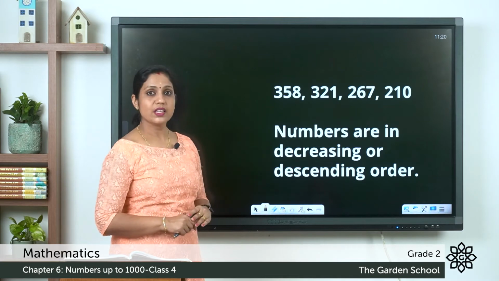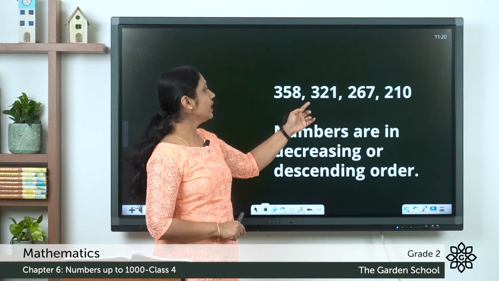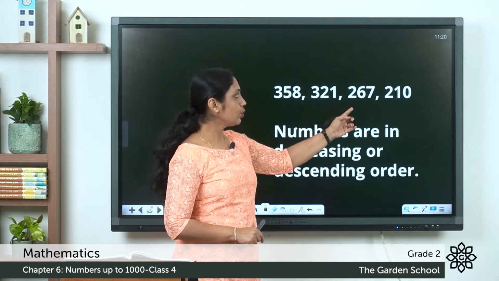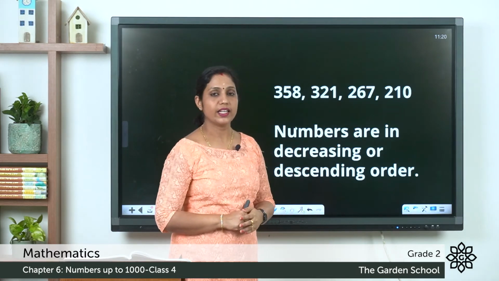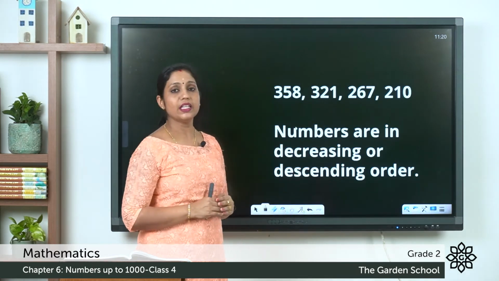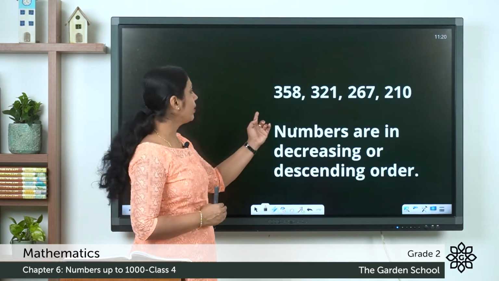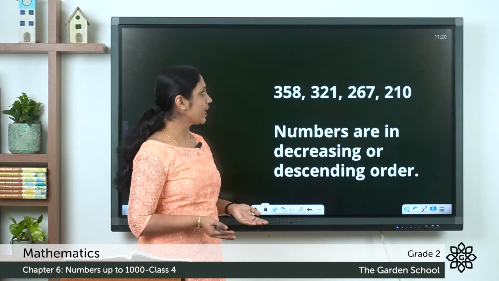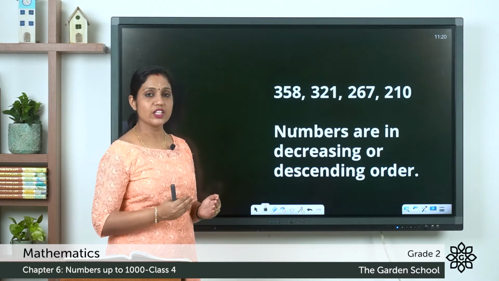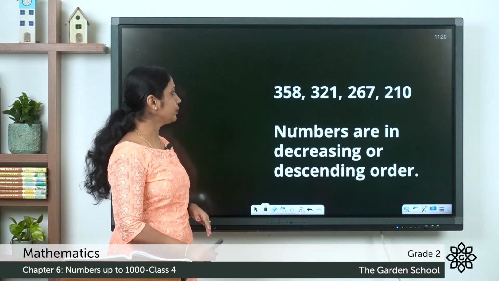So look at these numbers, 358, 321, 267 and 210. The first number, 358, is the largest number among these numbers. So we can say that these numbers are arranged in the descending order.